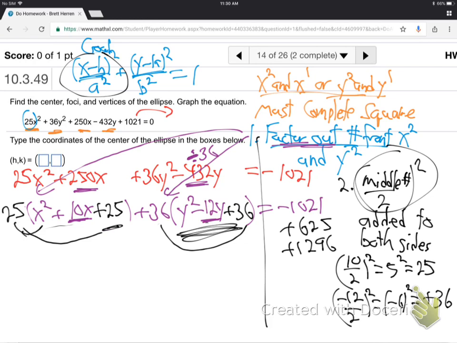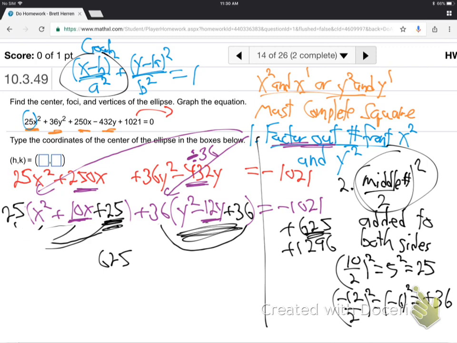So meaning if I distributed this, there would be a brand spanking new 625 really. By sticking that new 25 in there under the influence of another 25, I really increased the left side by 625. 25 times 25, didn't I? So I have to really increase the right side by 625. Do you see that?